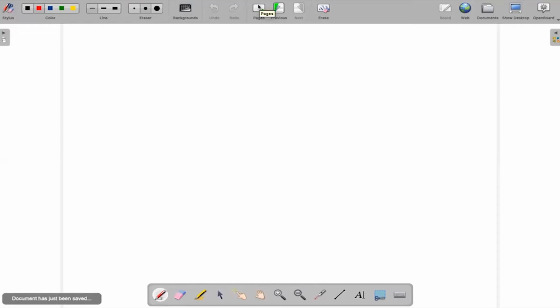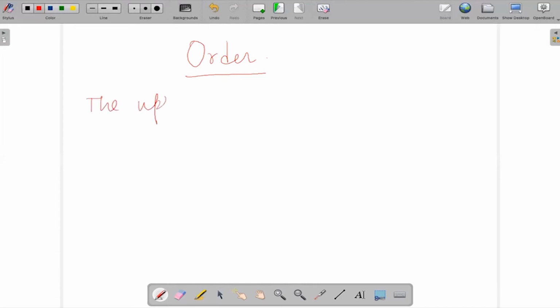So with this idea in place, we will now introduce ourselves to what is called order. Here we will first start with the upper bound or the big O notation.